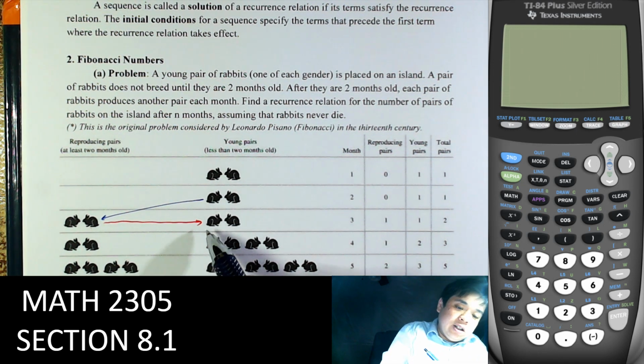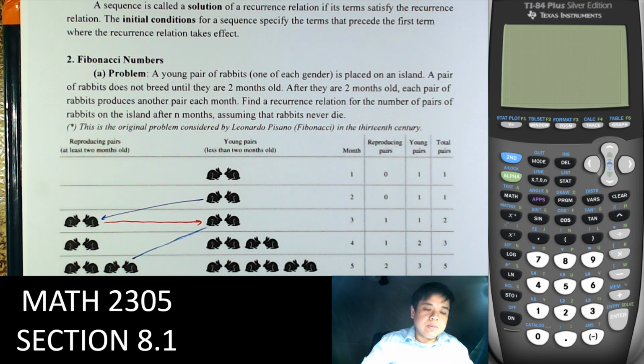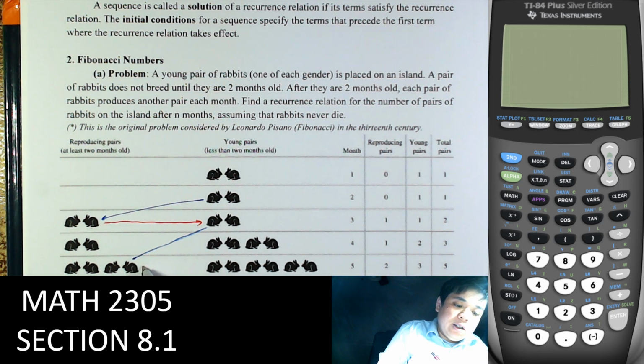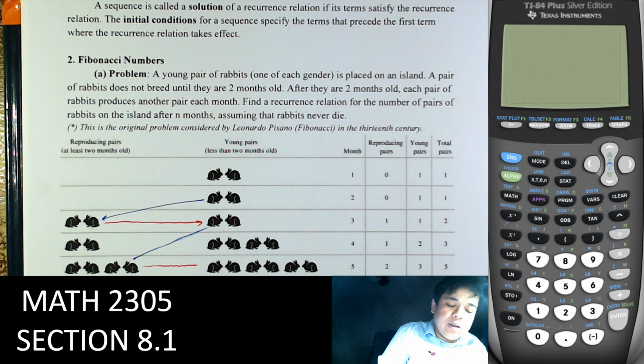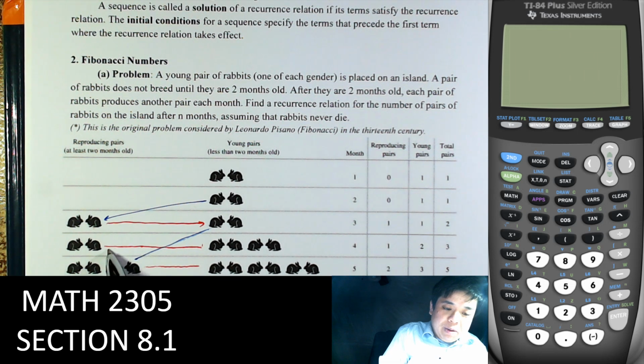After 2 months, that young pair will become 2 months old, and then it will give birth too. And of course, the original pair will give birth again, so we have this pair. We just keep doing that.